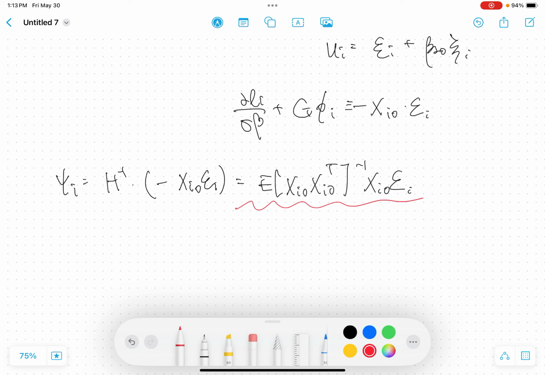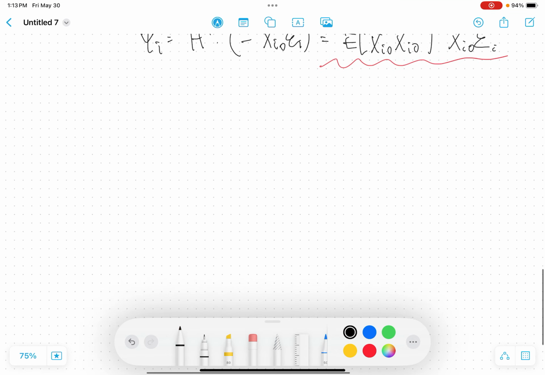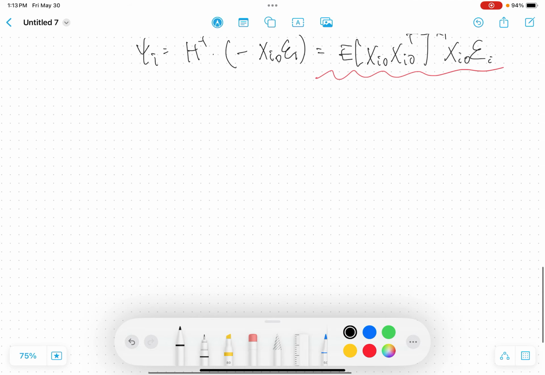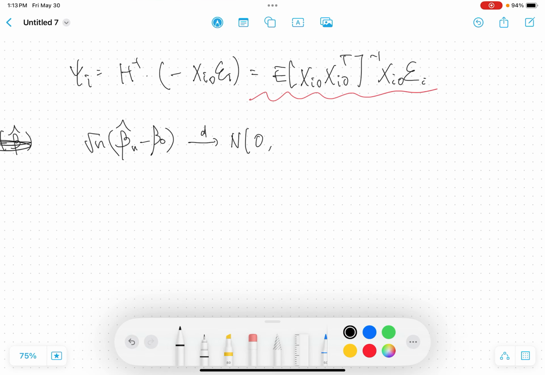So the variance will be pretty simple. I mean, in the end, the derivation was complicated. So as a result, the second stage estimator's sampling distribution will be normal with zero mean and variance of psi, right?